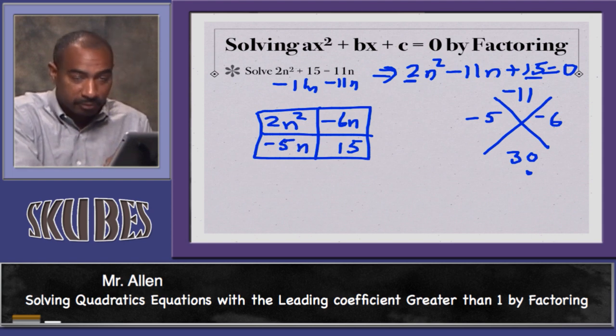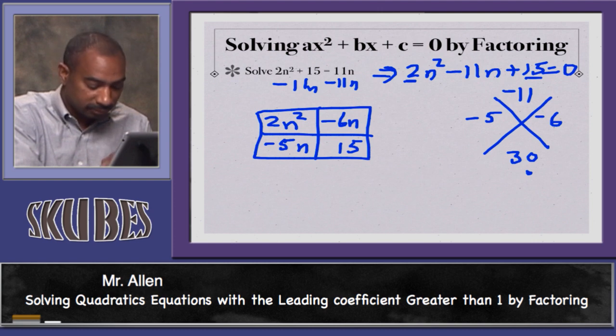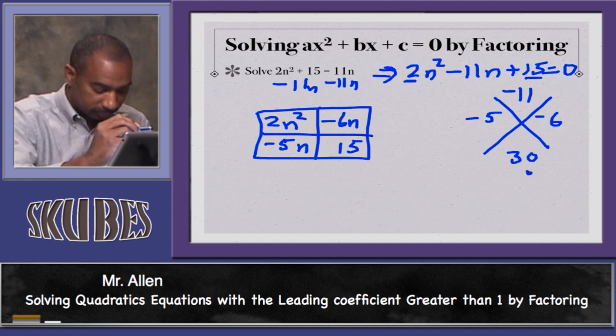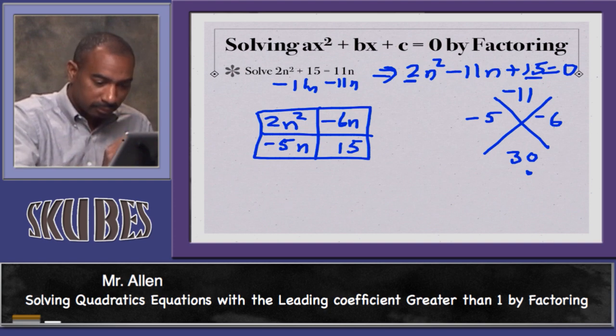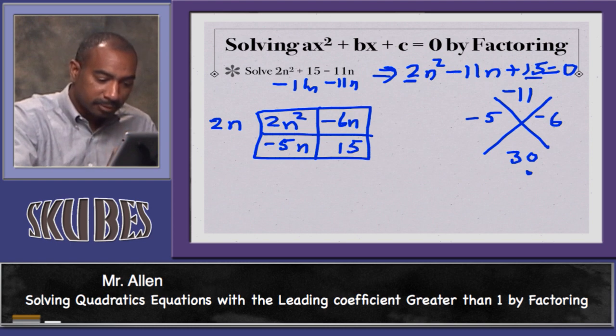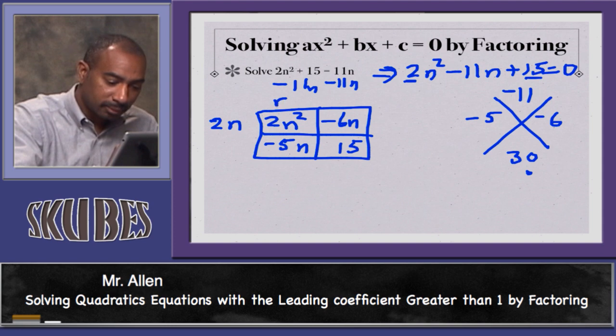And if I take the greatest common factor between 2n squared and negative 6n, that's going to give me, I believe, 2n. And what times 2n gives me 2n squared? That should be n.